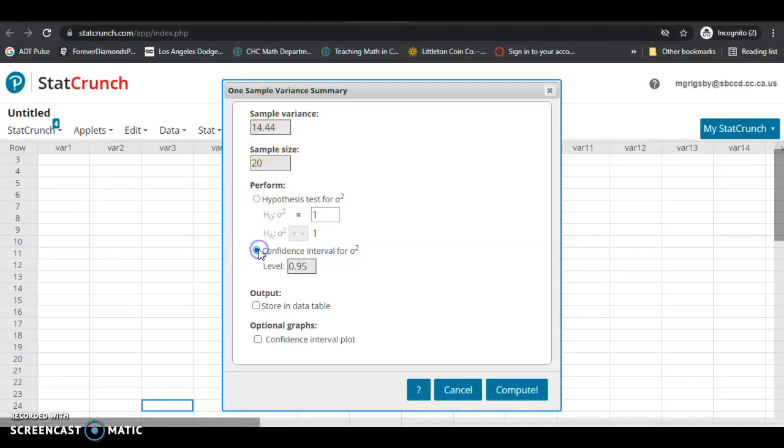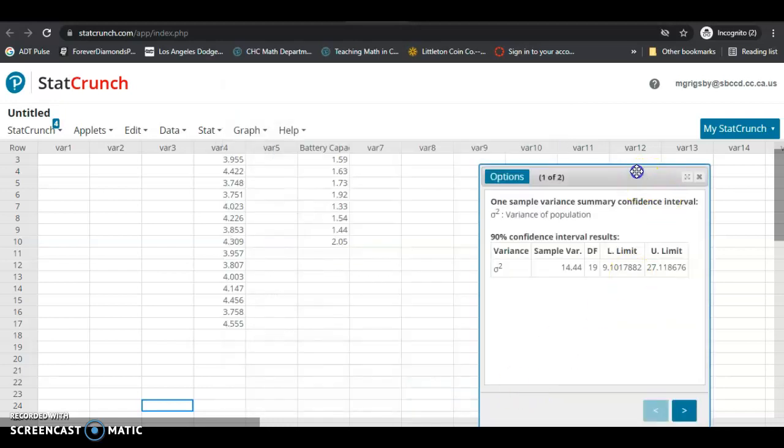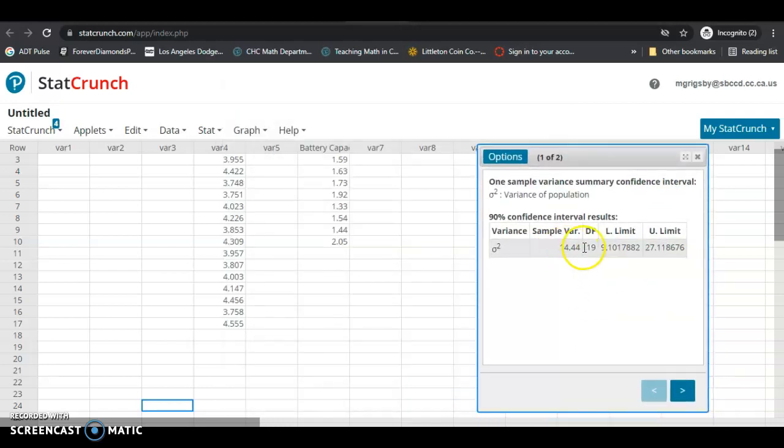We're going to select the confidence option for a confidence interval, and then type in the confidence level, which is 90%. We can include a plotted red confidence interval, but that's not required. Let's click compute. So we got the sample variance from the problem, which is 14.44, the degrees of freedom, which is the sample size minus 1, and the lower limit and the upper limit of our confidence interval.